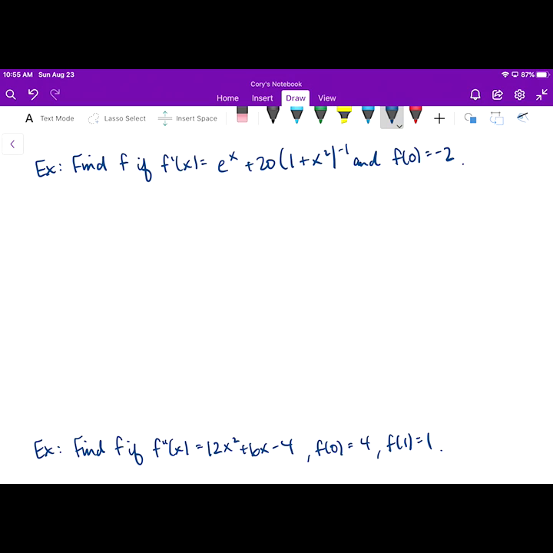So this part of the problem is brand new, and it actually changes this problem into what is called an IVP, which is an initial value problem.